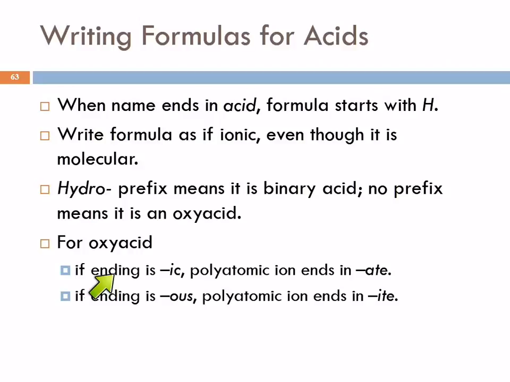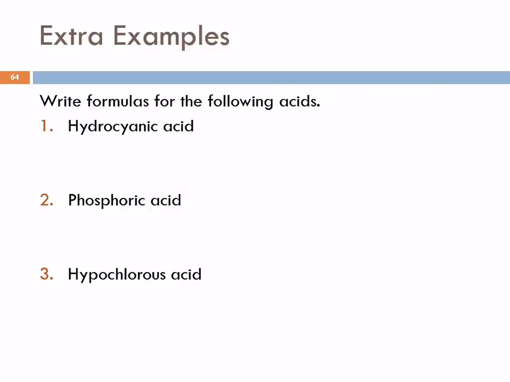For oxyacids, if it's an ic ending, like chloric acid, then we know that comes from chlorate. If it ends in us, like nitrous acid, that comes from nitrite. So let's write formulas for these acids.